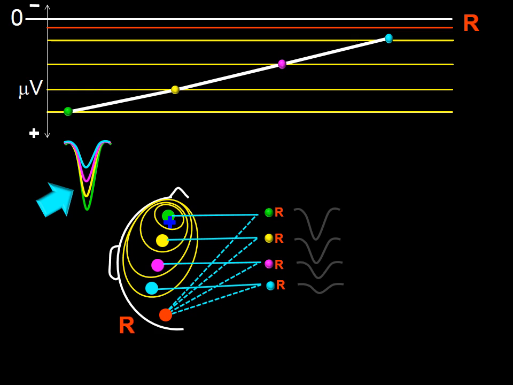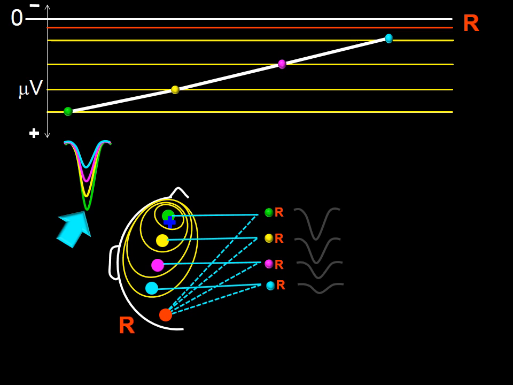In this frame, I have introduced the waves as they would appear if the non-reference electrodes could be connected to a neutral electrode, that is, as if they were being collected from an electrode in the zero line. This connection is not represented in this frame.